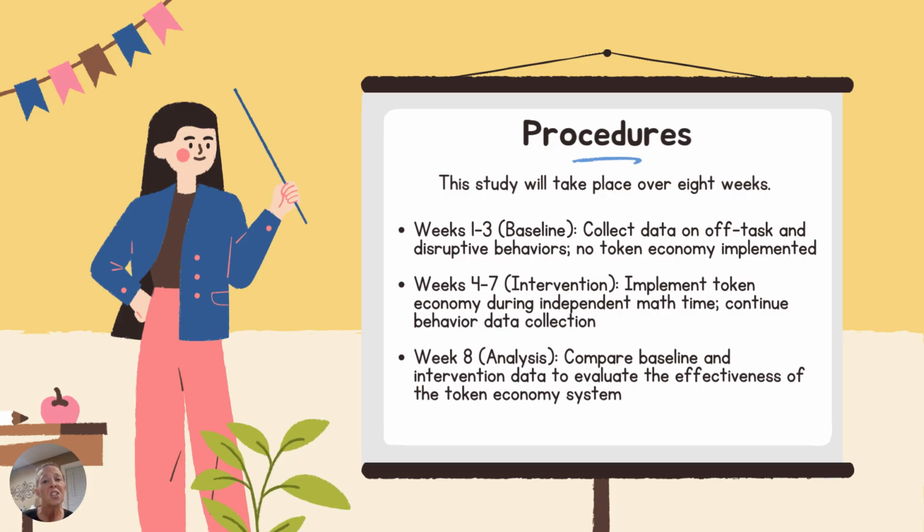Now, during the intervention period, which would be weeks 4 through 7, I would implement the token economy during their independent math work time and continue at the same time collecting data on their behavior using that behavior tracking sheet. And then during week 8, we would compare the baseline and the intervention data and evaluate the effectiveness of the token economy system.